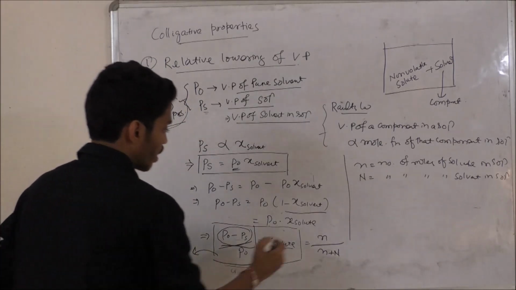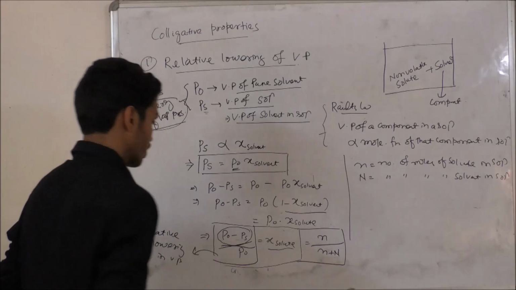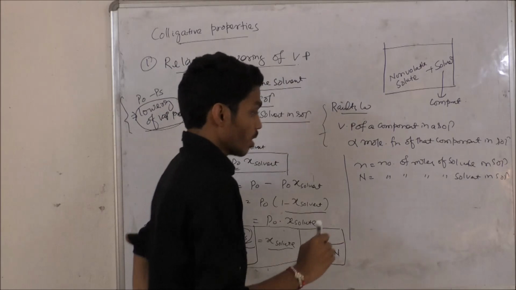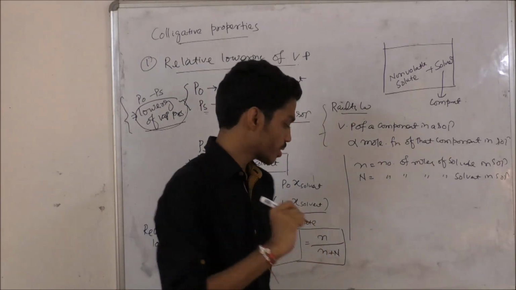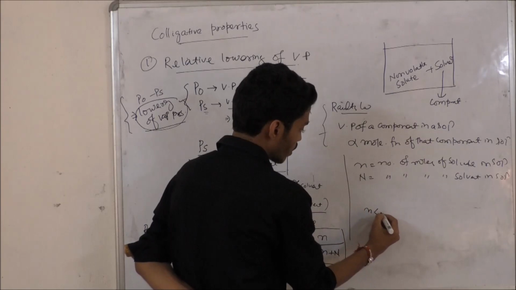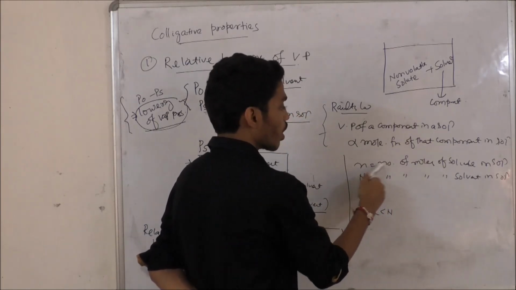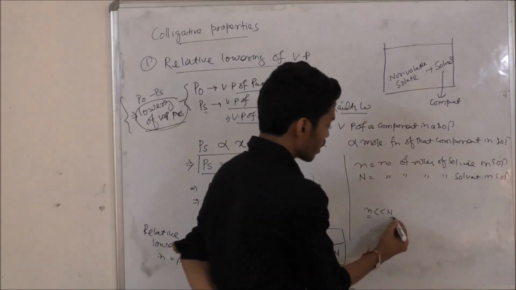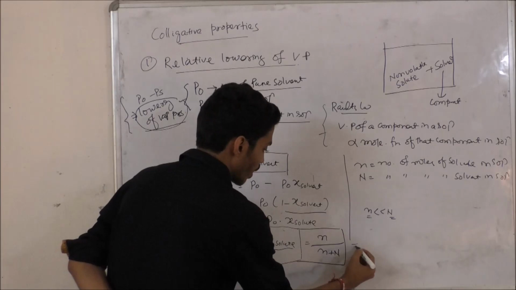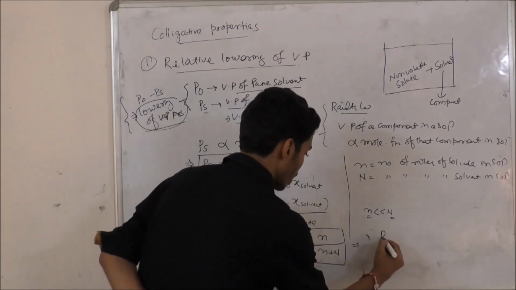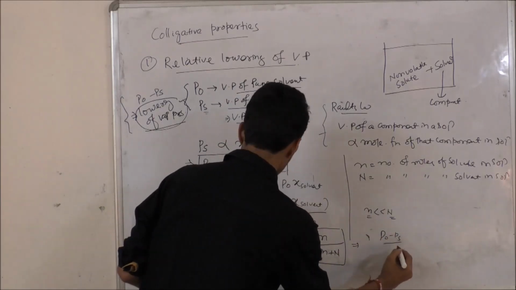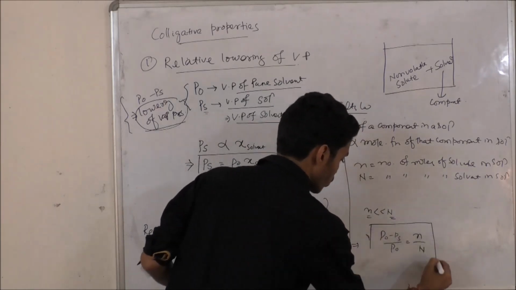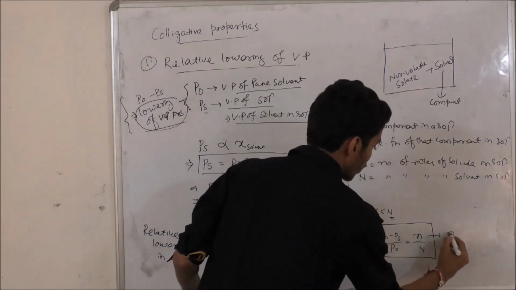So finally our equation is (P naught minus PS) by P naught is n by (n plus N). Most of the people neglect small n with respect to capital N, because small n is the number of moles of solute, that is very less as compared to the number of moles of solvent, that is capital N. So after neglecting this, we write P naught minus PS divided by P naught equal to small n by capital N. So this is the equation that you can use.